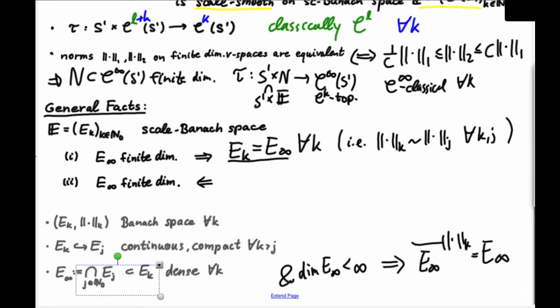And conversely, if even any one of these injections along the way is sort of surjective, right?